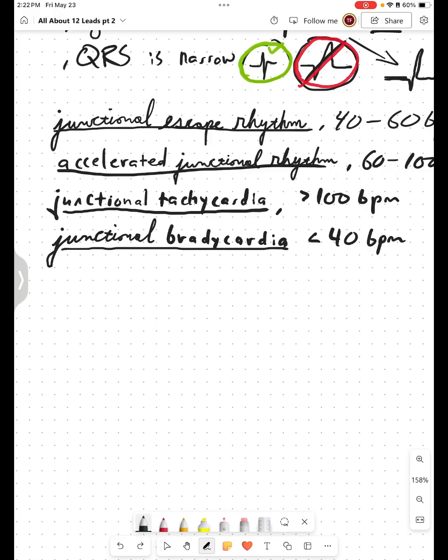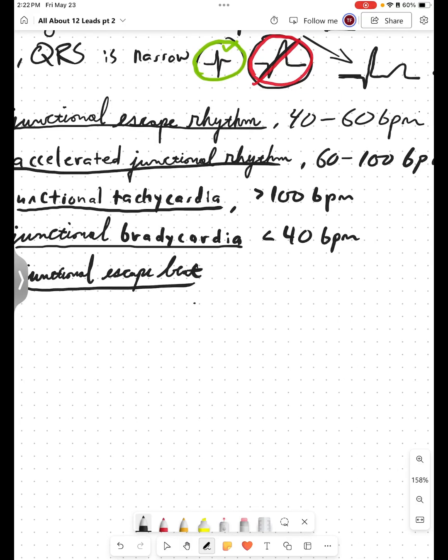And something bonus we can throw in here, a junctional escape beat. So we can throw in an ectopic rogue beat here. We'll say junctional. And what that's going to be is when I have an underlying rhythm here, so we'll have a sinus rhythm.